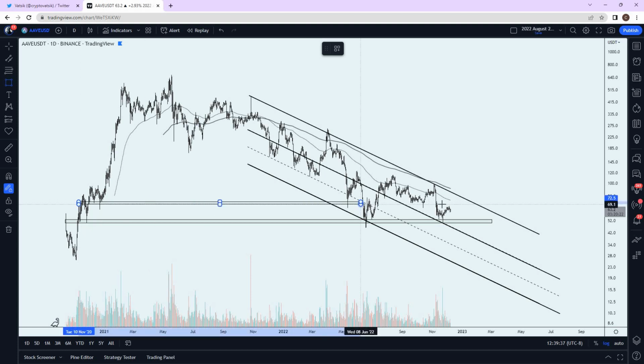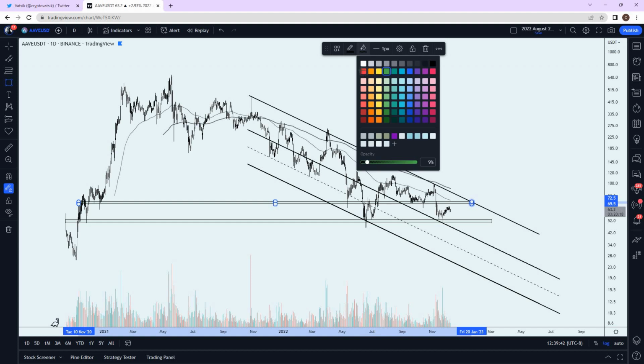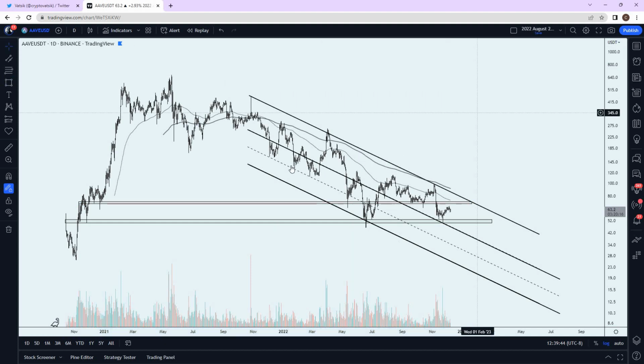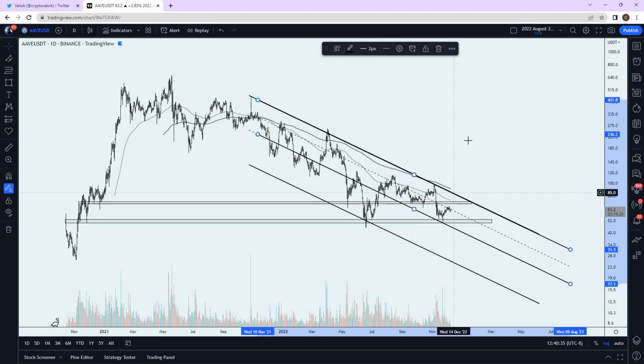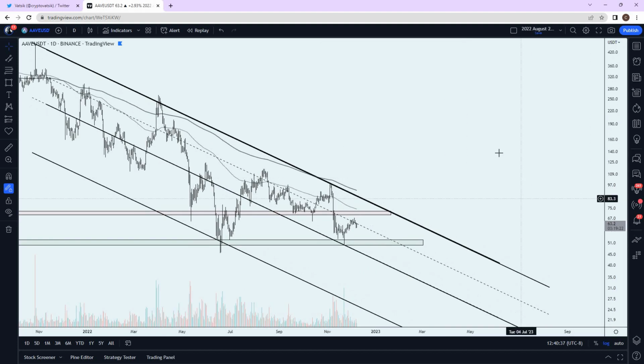Same thing, but right up in this level near the range high, we'll make it red. That is our current macro resistance at that level, right around the $70, $71, $72 area. Now, since we're trading in the upper half of this channel, I'm going to drag that right up there to give us a clear picture.